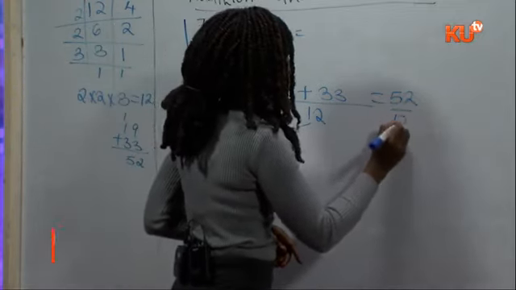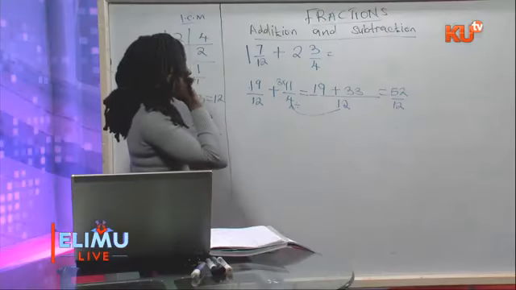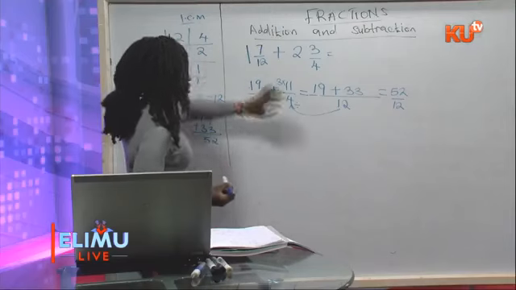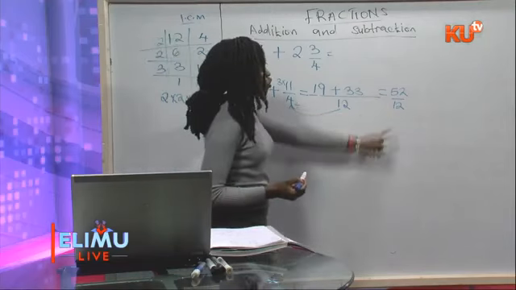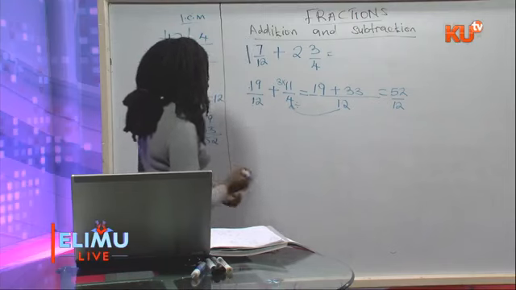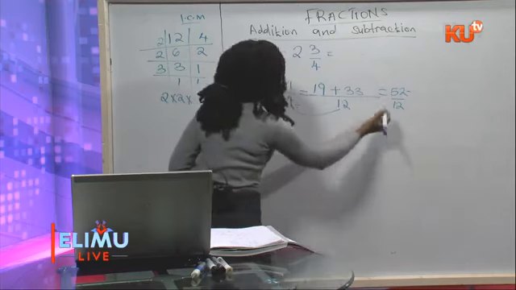52 over 12. So if you look at that answer, 52 over 12 is an improper fraction. And remember, we are dealing with mixed fractions. So we can't leave our answer like this. We have to convert back to a mixed fraction. And how do we convert that? We take the numerator, we divide by the denominator.